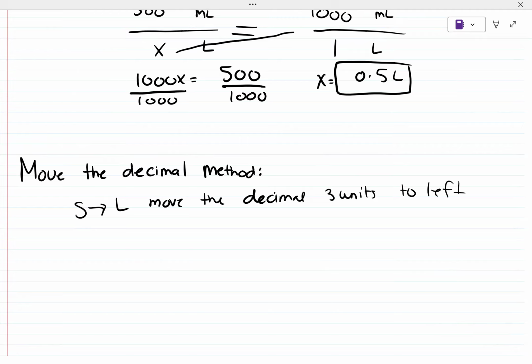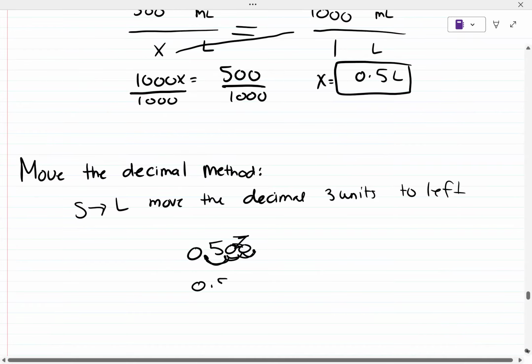So we were given 500. Right, here's the decimal. So go ahead and move it 3 units to the left. So that's going to be 1, 2, 3, dot, and then you must include this leading zero, but do not include these trailing zeros. So it's really 0.5. I know that's confusing. You have to include this leading zero, but don't include these trailing zeros. So that's how it's 0.5.